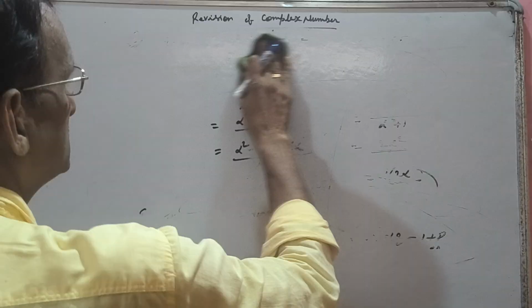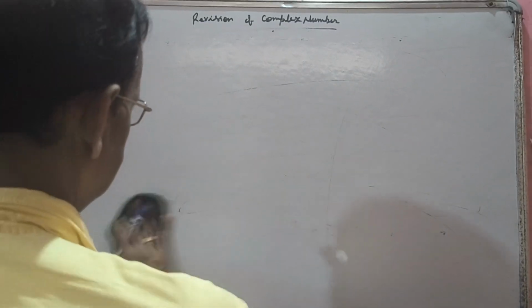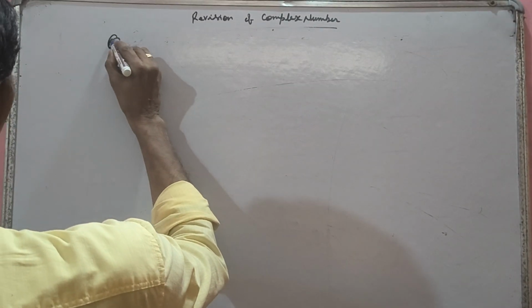So next sum now, next type of sum. Very important, number 6.